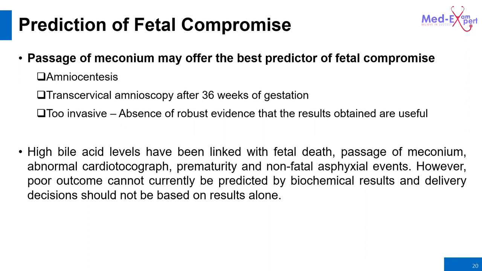That's a way to predict the complication. Another way is to detect meconium in the amniotic fluid, but as I said, it's too invasive and not acceptable to be done routinely. The thing you have to do is to decide early delivery plus offering intrapartum fetal monitoring.